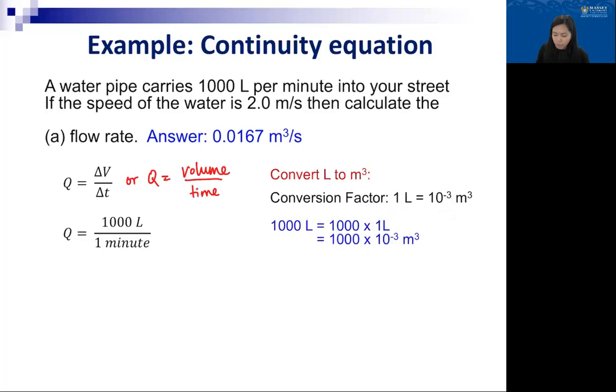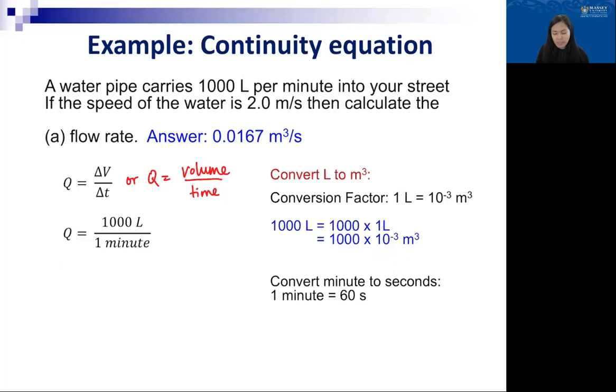So if we convert 1,000 liters, we can write that as 1,000 times 1 liter. Using our conversion factor, we simply replace 1 liter with 10 to the minus 3. So 1,000 liters should be 1,000 times 10 to the minus 3 cubic meters.